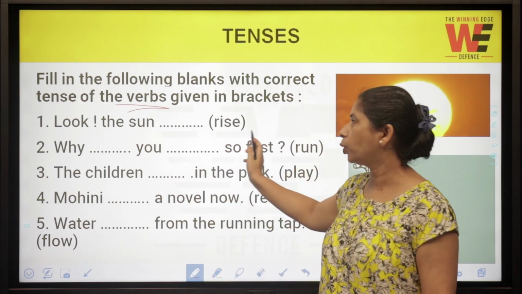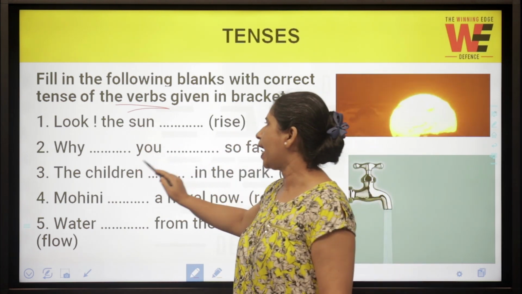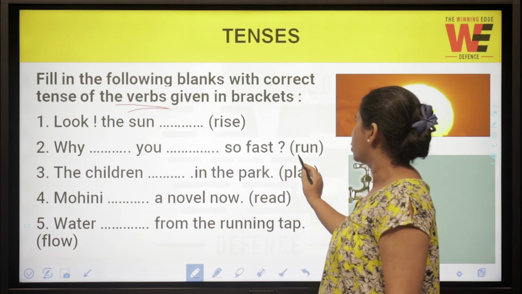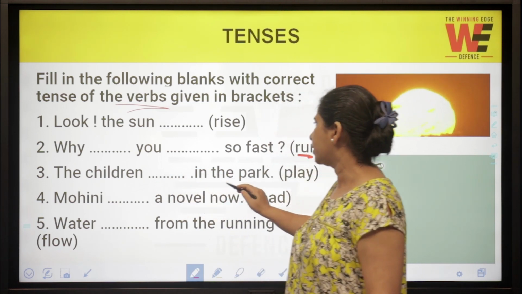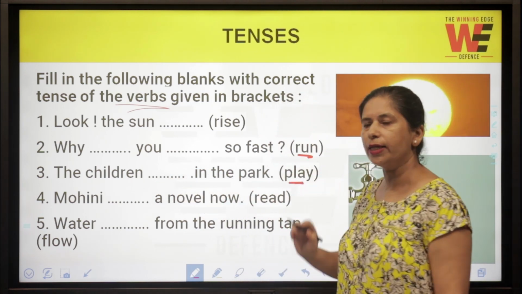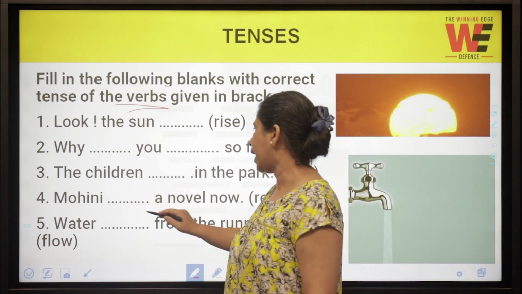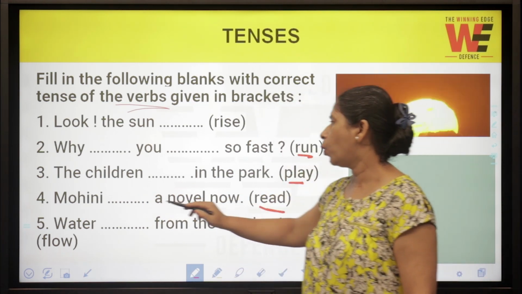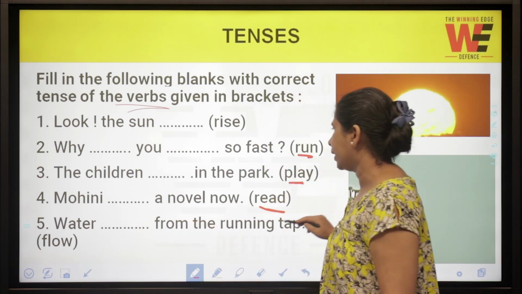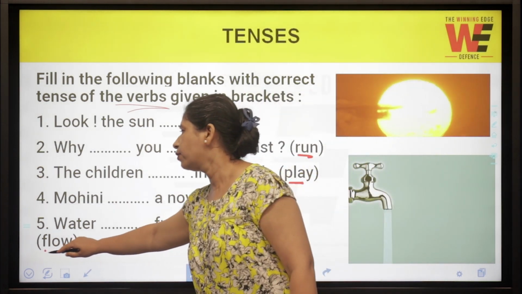The verb given to you is rise. Why dash you dash so fast? The verb given to you is run. The children dash in the park. The verb given to you is play. Mohini dash a novel now. The verb given is read. Water dash from the running tap. The word given is flow.